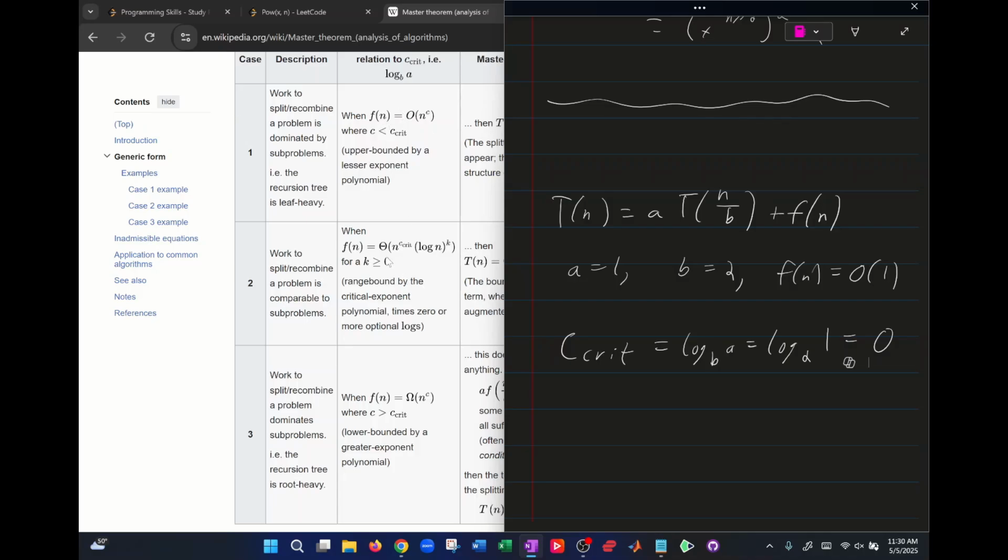Okay, so f of n is big O of this thing. In our case, f of n is big O of 1. And I know I'm doing abusive notation by mixing up the O and the theta, but just don't worry about it.